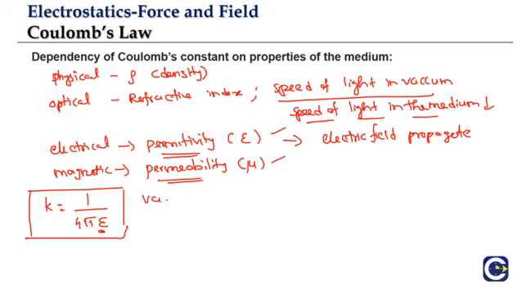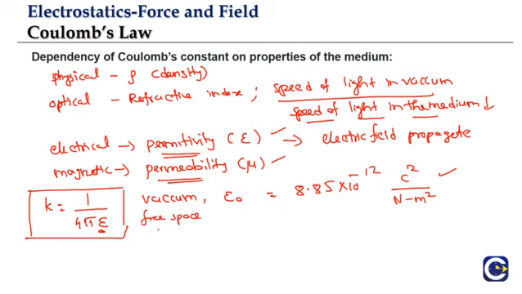And for vacuum, the permittivity is represented by epsilon naught, whose value is 8.85 into 10 power minus 12 Coulomb square divided by Newton meter square. This is the permittivity value for vacuum or free space or even air.